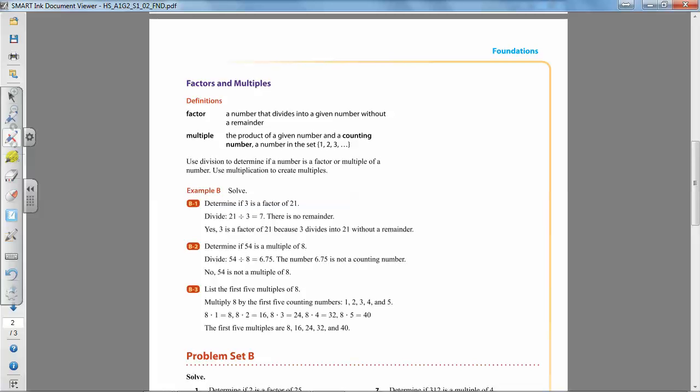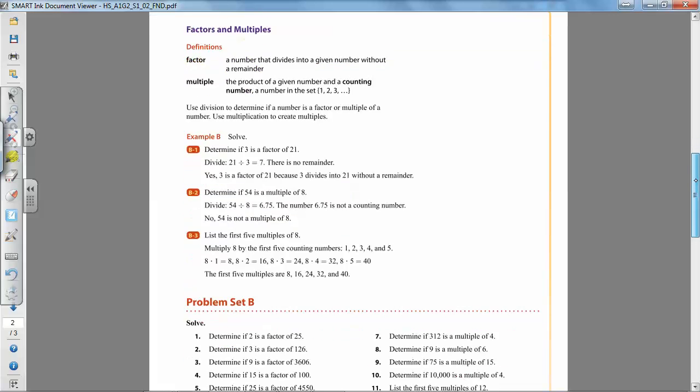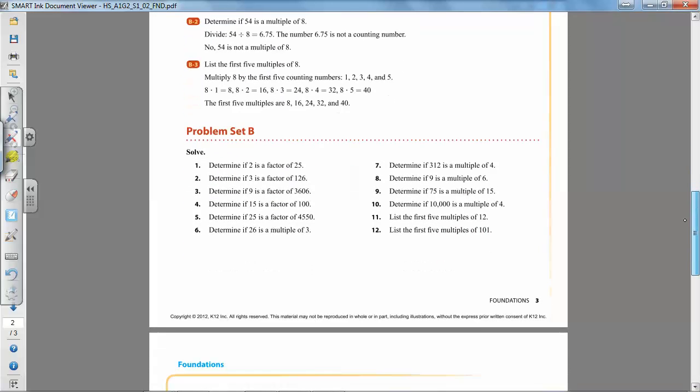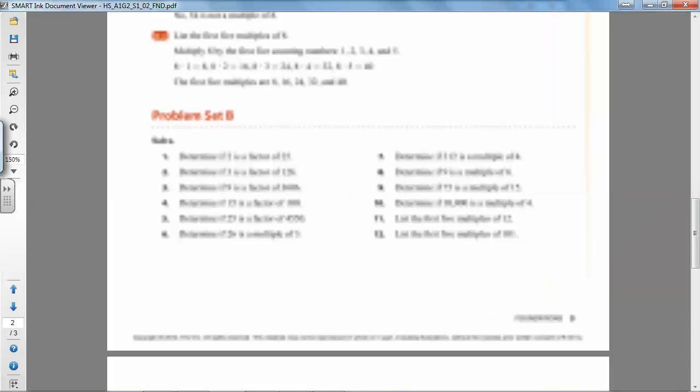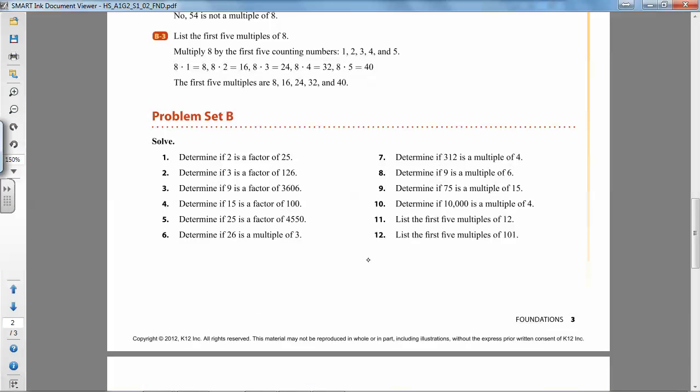A multiple is basically the product of that number and another whole number. We were using division again to find if a certain number is a factor. That's one way to go, and let's see a few problems here.